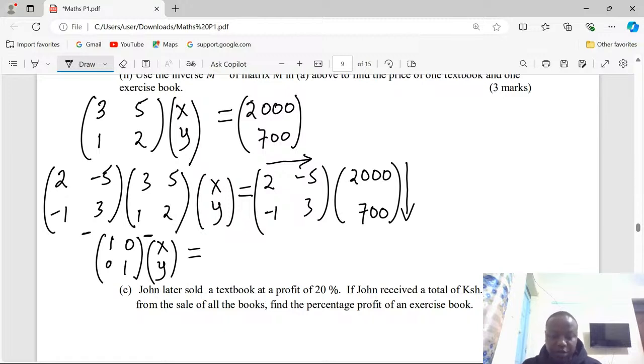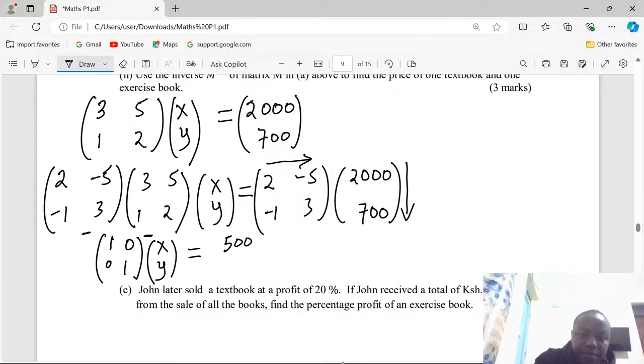So 2 by 2000, then minus 5 multiplied by 700, and to add. This is giving us 500 at that point. Then we have the other row times the same column, negative 1 by 2000, then we add 3 by 700. This is going to give us exactly 100.